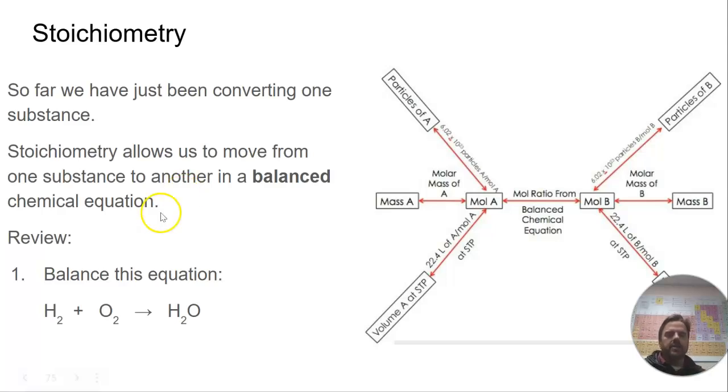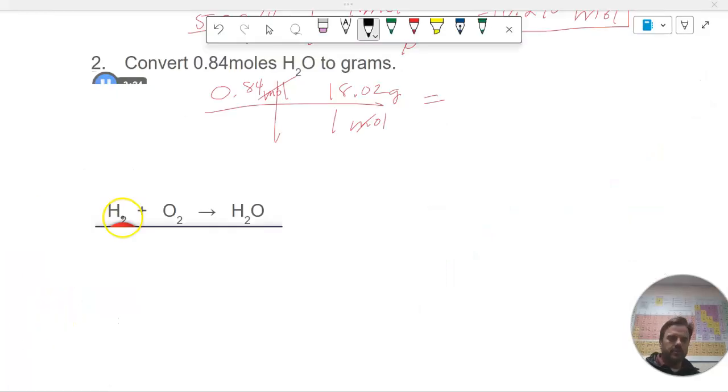In this case, we have to first balance this equation. Here's that equation, and balancing it is pretty simple. We've got 2 oxygens, so that means we need 2 of these. We've got 2 of these, we need 2 of these, and then we're all balanced. We can go through each one, but sometimes they're pretty easy. You can just do it quickly like that.